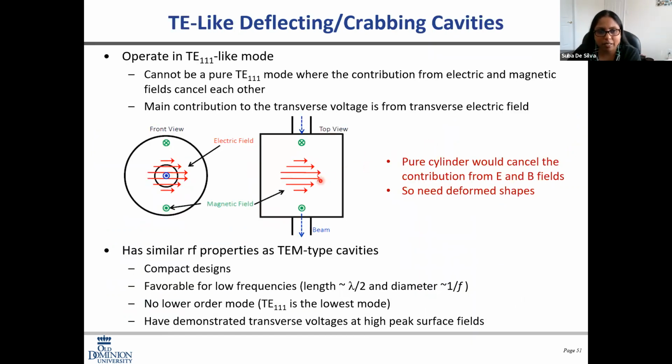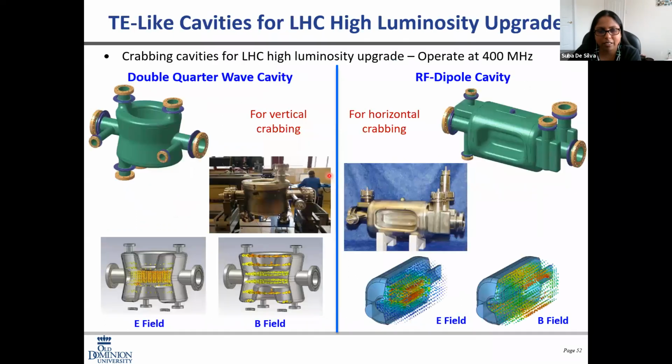The other ones are the TE type, where you use a transverse electric field, with no contribution from the magnetic field, but primarily the transverse electric field creates the net deflection. Two of these cavities are the double quarter wave cavity and the RF dipole cavity. These are the two cavities used in the LHC, and they are both in production now to be included in the LHC for the high luminosity upgrade.